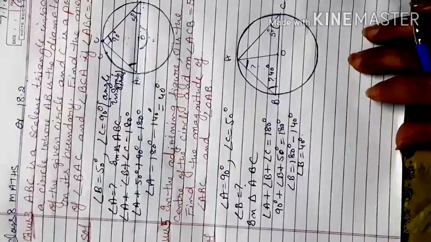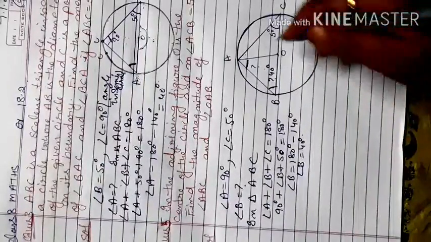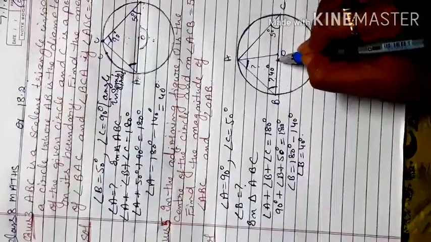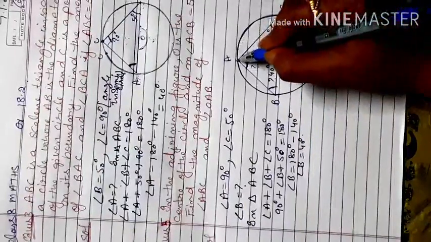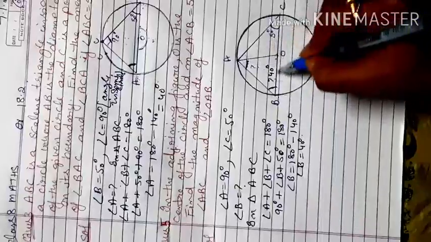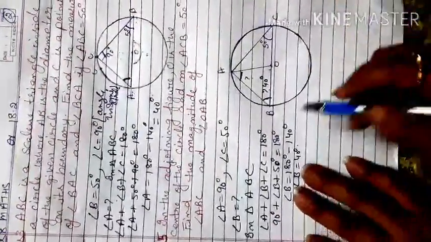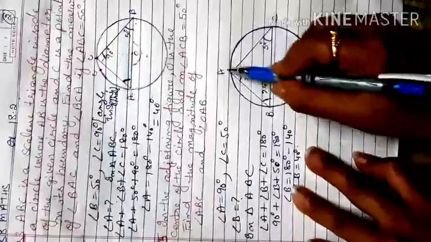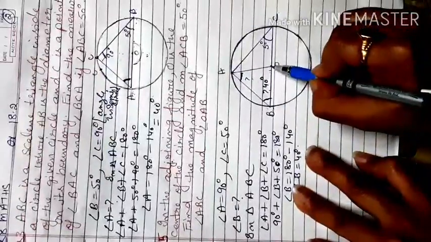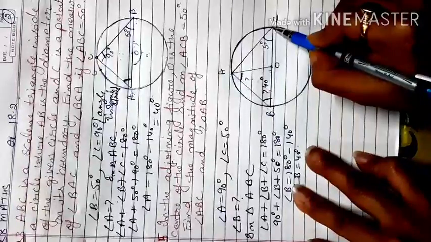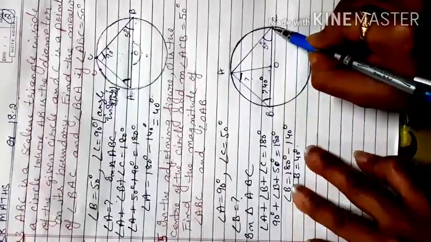Right. Now next I have to find angle AOB first, because for finding the other angle we must know this angle also. How can I find angle AOB? If you look at this clearly, in this segment, AB is connected with the center O and also connected with C, which lies on the boundary of the circle.